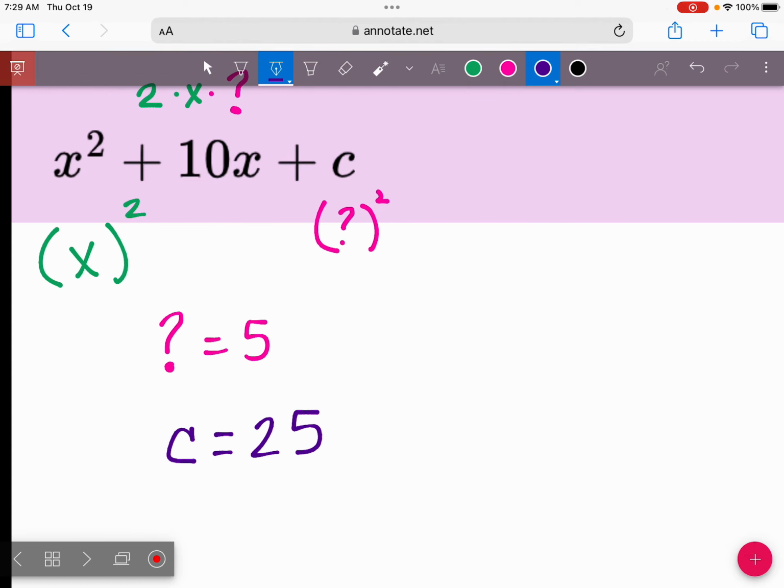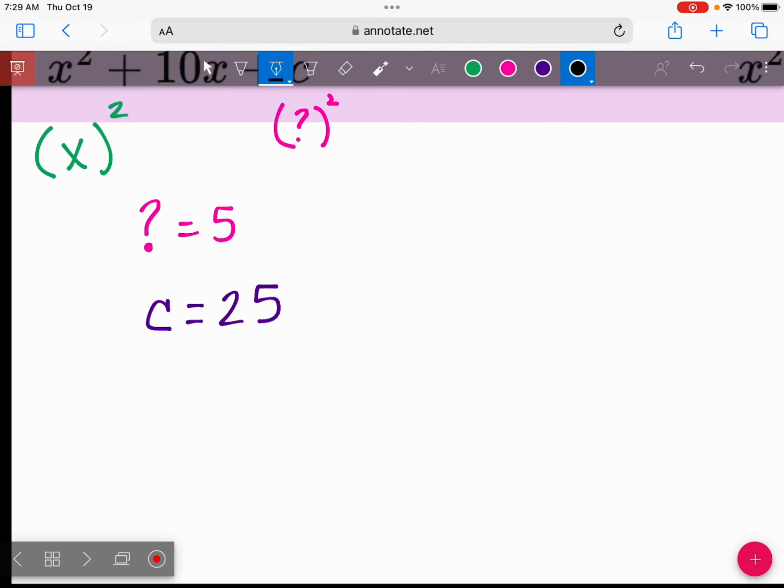Because it's whatever this piece was squared. So if c is 25, we can write this as x plus 5 squared.